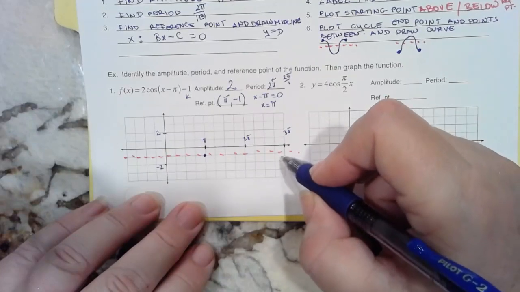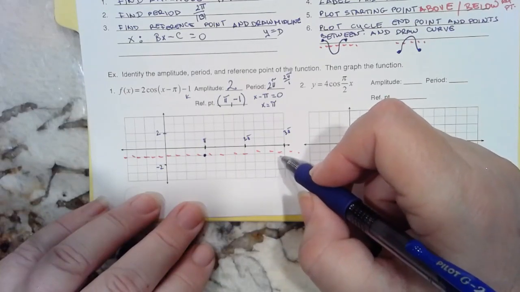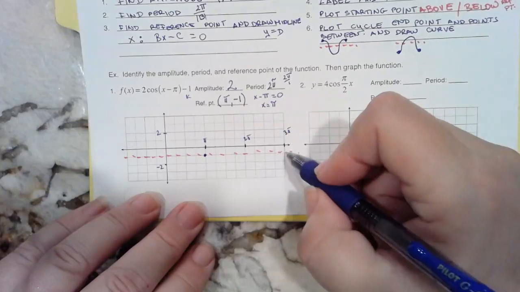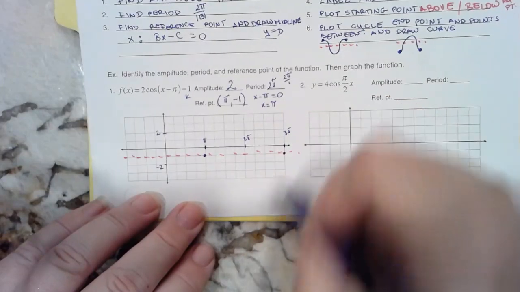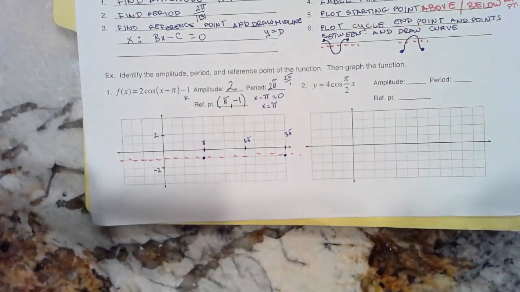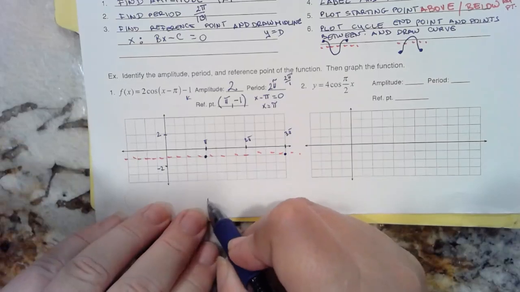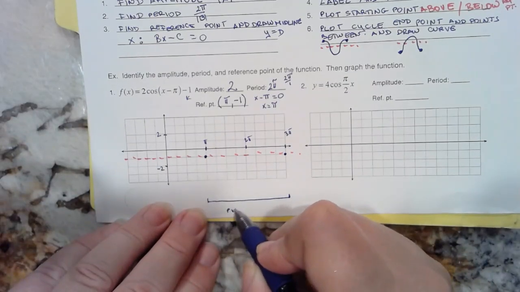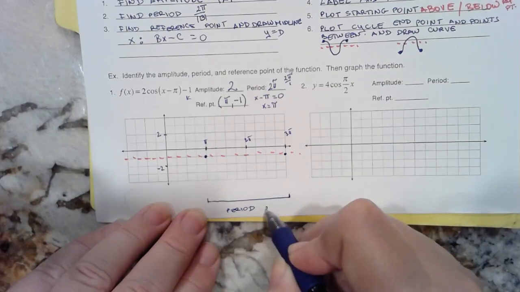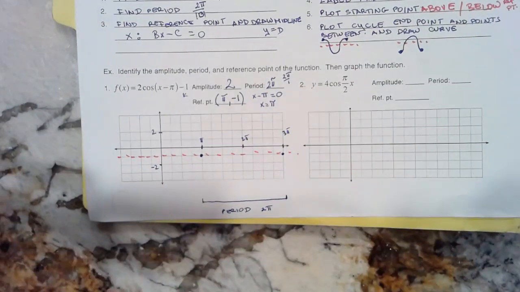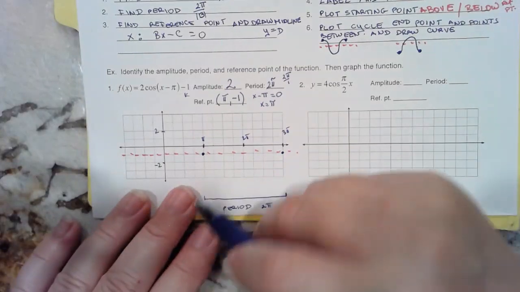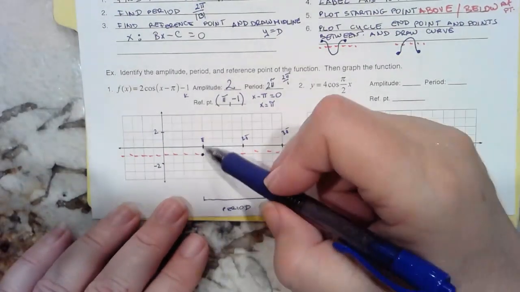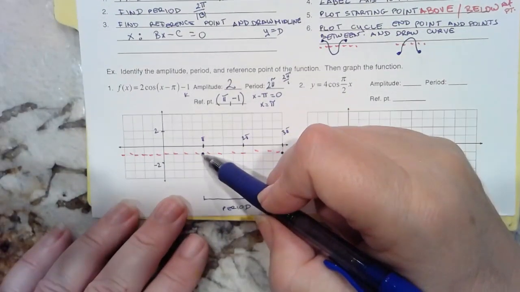The period is 2 pi, so this is 1 pi, 2 pi. So I know this is my period. My period goes from here to here, and my period is 2 pi.